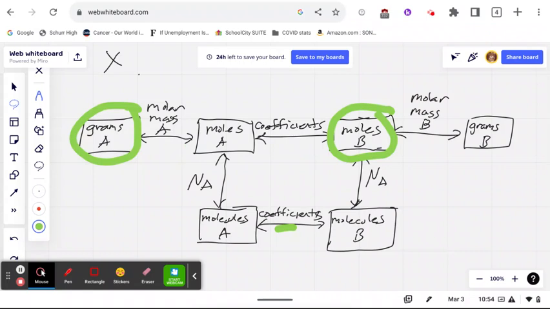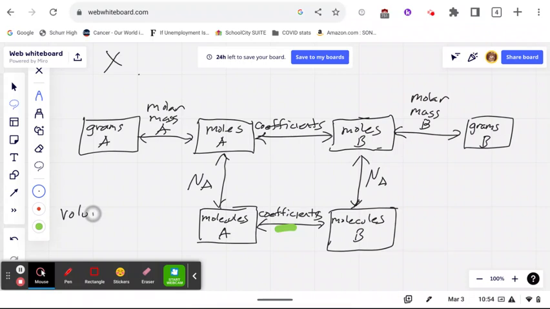Sometimes I can ask you for how many molecules, and you just turn the moles into molecules by multiplying by Avogadro's number. It's even possible to give you something else, like for example, volume of a liquid. Okay. Let's say you have the volume of a liquid over here. That's another measurement, for example, milliliters.